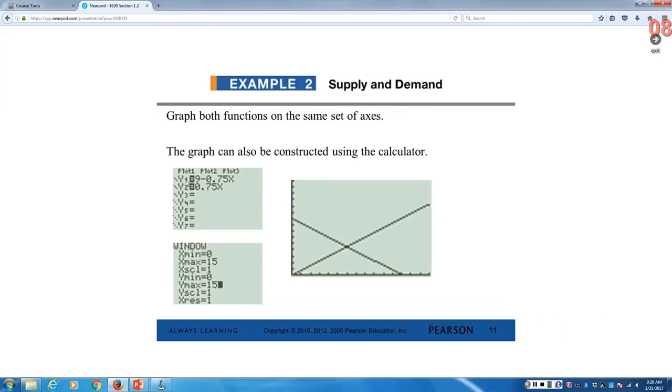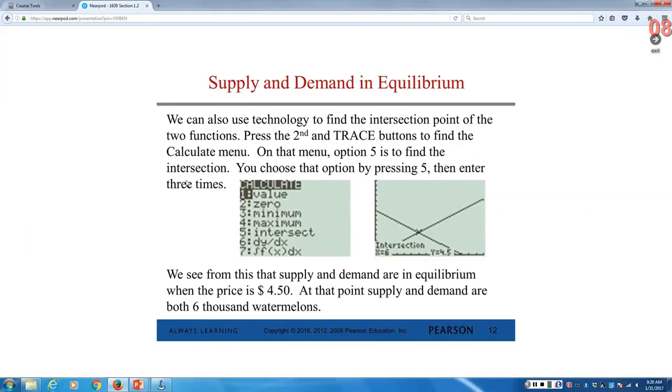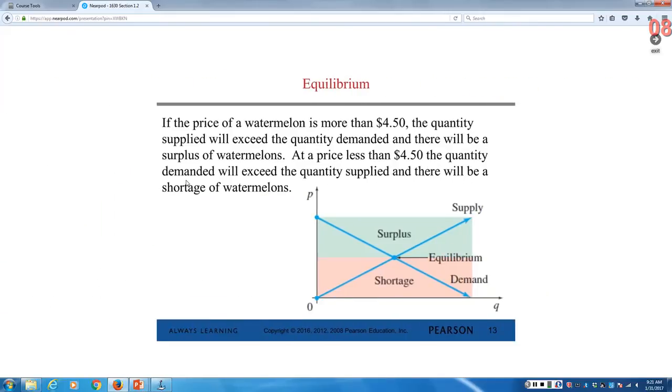And we also graphed it on the calculator and found the equilibrium point on the calculator. And the last thing we talked about was that before you reach the equilibrium point, there is a supply surplus and a demand shortage. Once you hit the equilibrium point, then the demand actually goes down and the supply goes up.